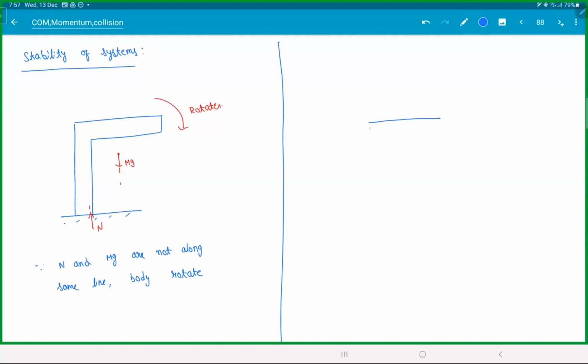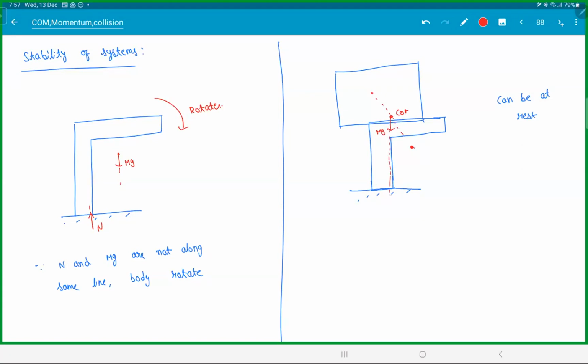But same thing, if I do it like this, don't you think this can be at rest? Possible, right? By changing the mass or something, I can adjust. The difference will be, this will have a center of mass here, this will have a center of mass here. When you take these two, maybe the center of mass of the system will be here, and that mg is actually passing through this.